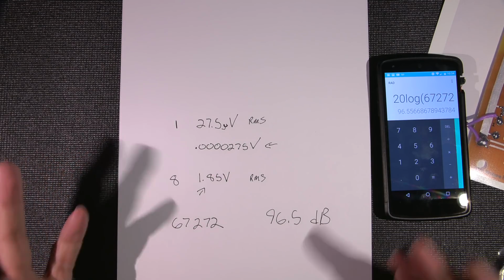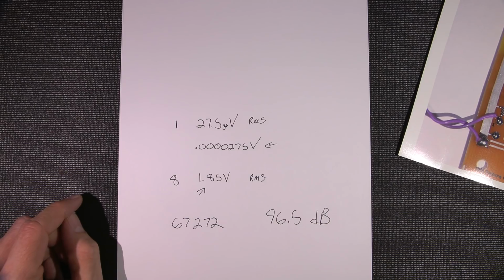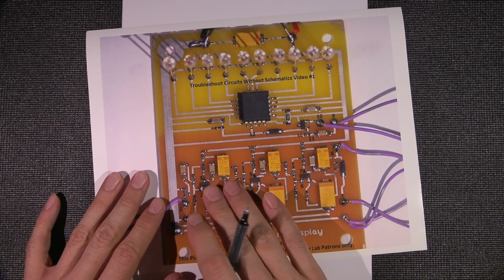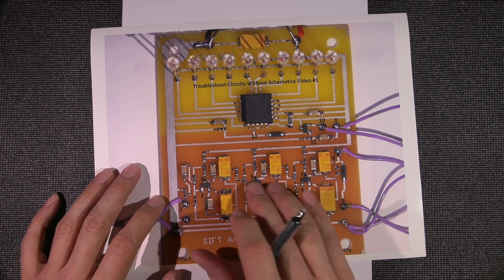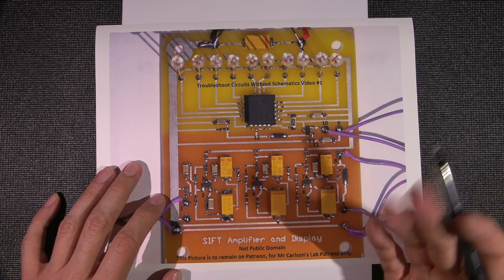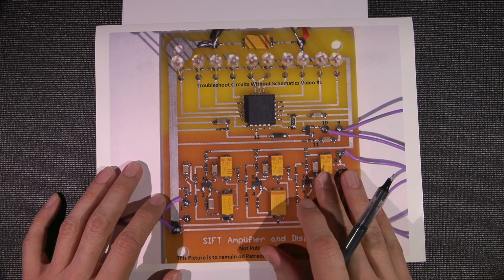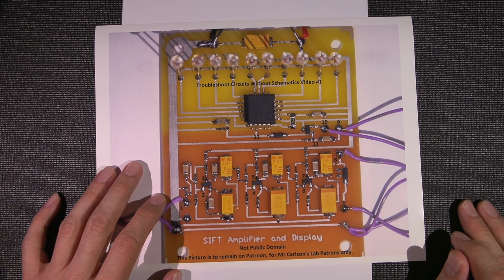Now again, if we change the transistors in here and we look for a transistor with higher HFE, or something as simple as just upping the value of these capacitors, it will take the gain of this thing and up it a lot more.